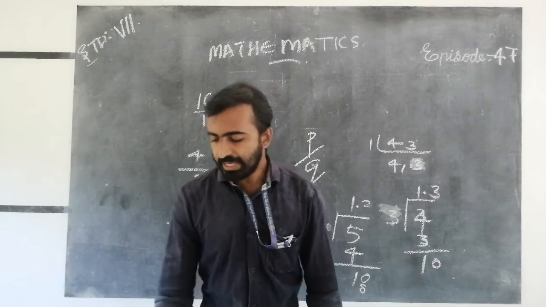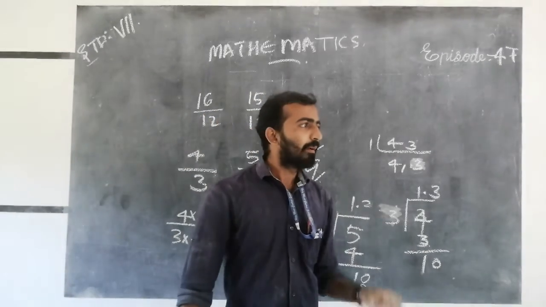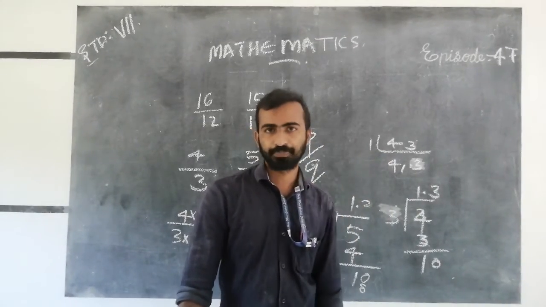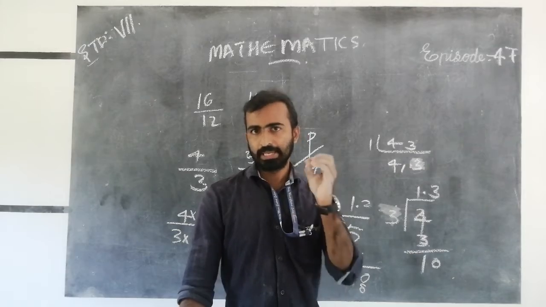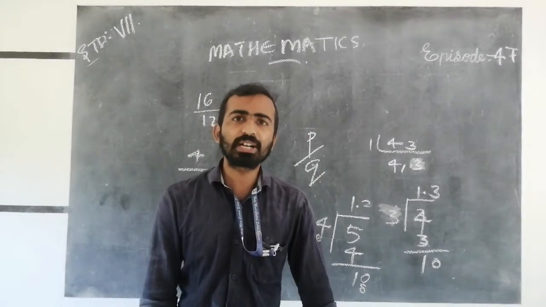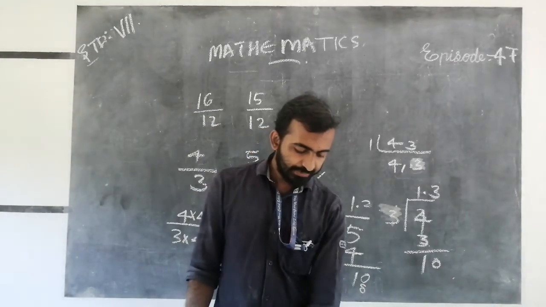When we compare a negative rational number and a positive rational number, the positive rational number must be bigger. When we compare a negative rational number and a positive rational number, the positive rational number must be bigger.